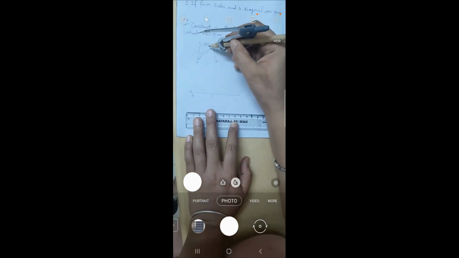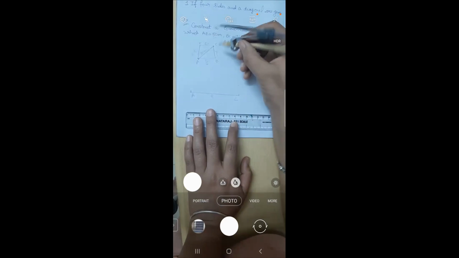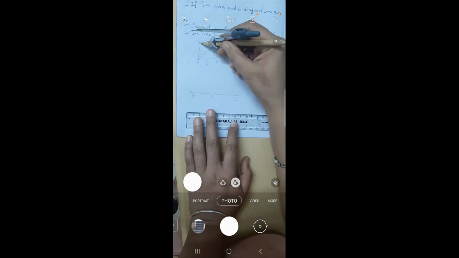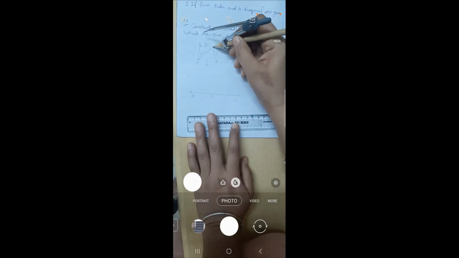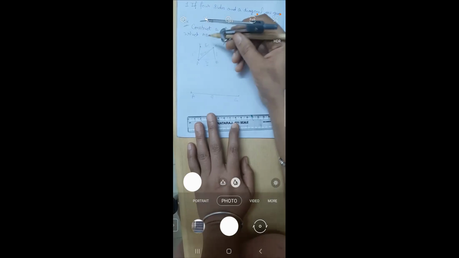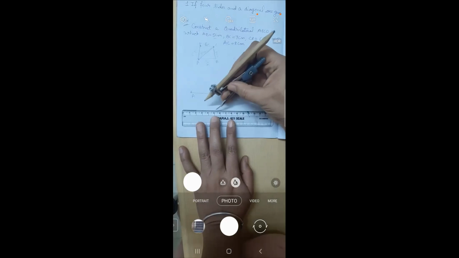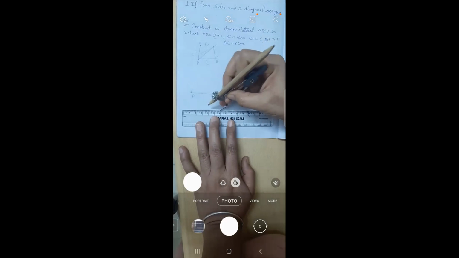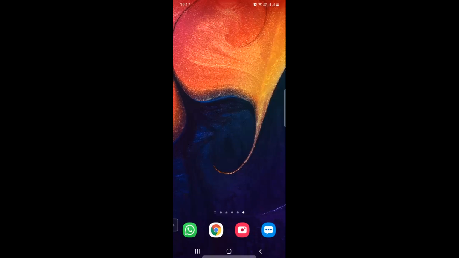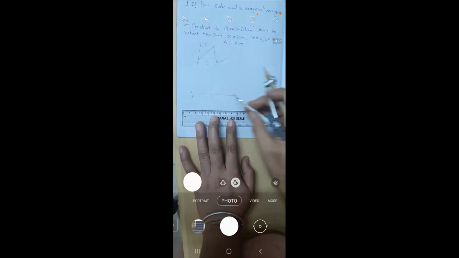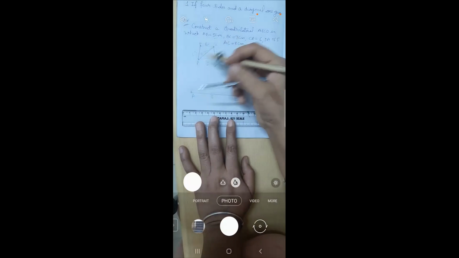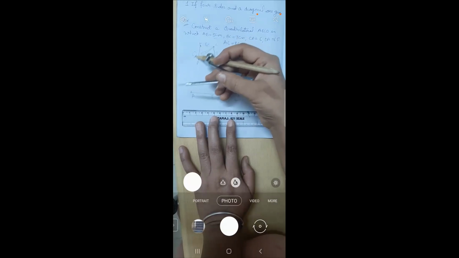Now you draw the upper part of this diagonal. You can see from C there is 6 centimeter. After 6 centimeter there is a point D. So from C, open the compass for 6 centimeter and draw an arc from C. Similarly, from A to D, this is 6.5.